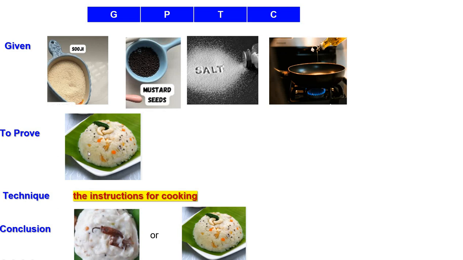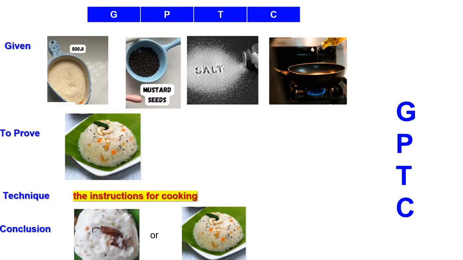If you go wrong with the instructions, then you may have the dish turn out differently and not as expected. So we should not forget the rule GPTC to learn or to reproduce our mathematical theorems. Having all this in our mind, we can find pure mathematics to be an interesting one. Thank you.